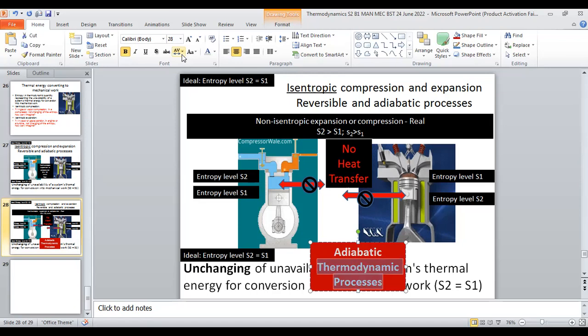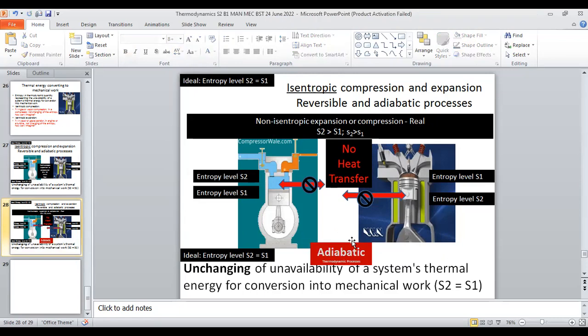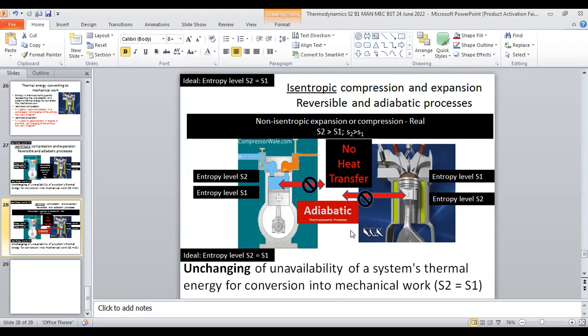Generally we need not write this, in thermodynamics everyone knows this. So adiabatic nature of processes. Okay, no heat transfer means.